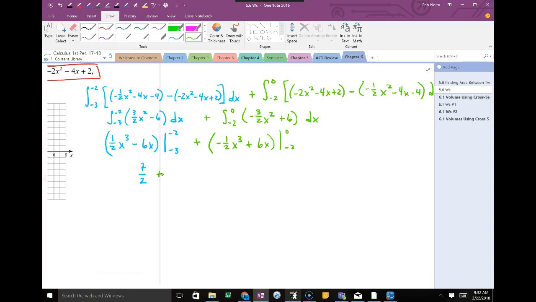No, we'll never get a negative number, because the bounds are different. That's why you'll always get different values. Top minus bottom. 8? Exactly 8? Is that what everybody else got? 8?